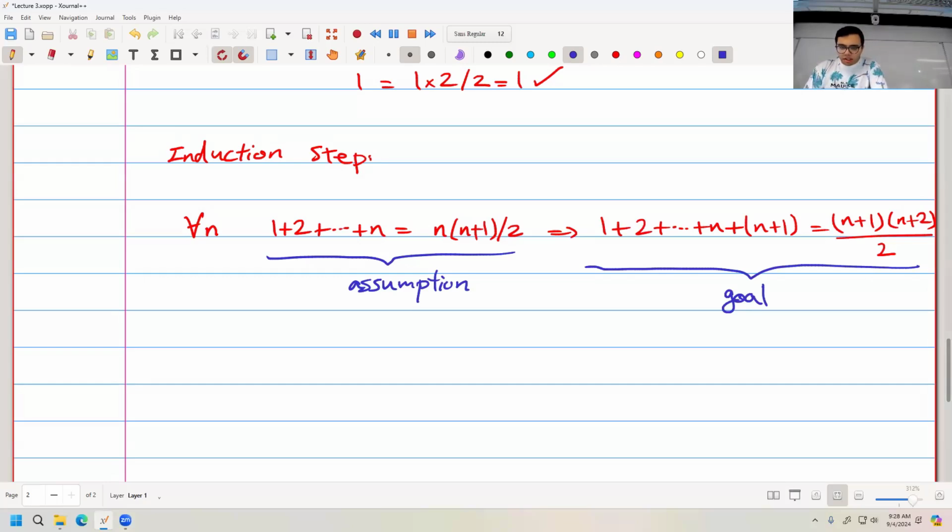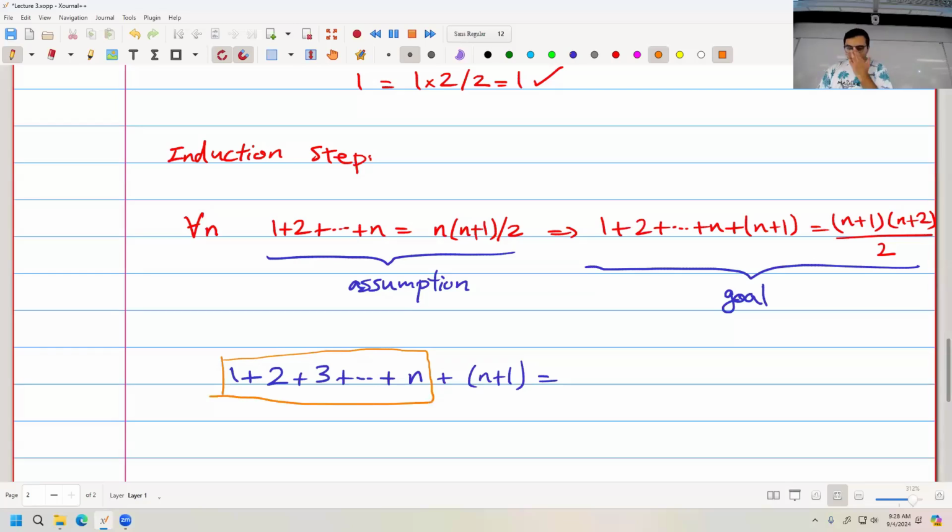Okay. But let's just look at this left-hand side of the right expression. 1, 2, 3, so on, plus n plus 1. Okay. What is this equal to? Well, I can look at this first part. And according to my assumption, this first part is n times n plus 1 over 2.